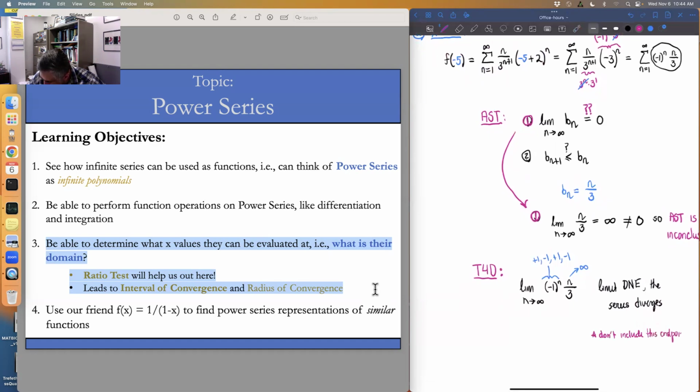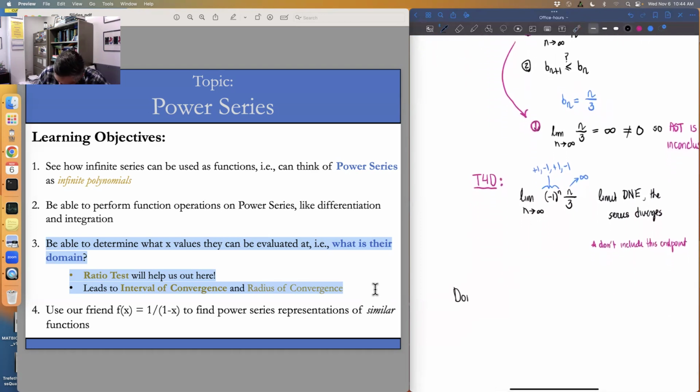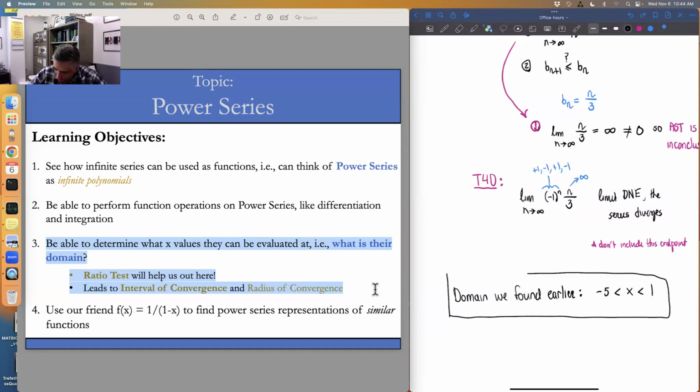Going back to the original domain we found earlier, this domain was from -5 to x less than 1. We tested each endpoint, and we do not include either of those endpoints in this problem. So the domain of this power series is just x values greater than -5 but less than 1.